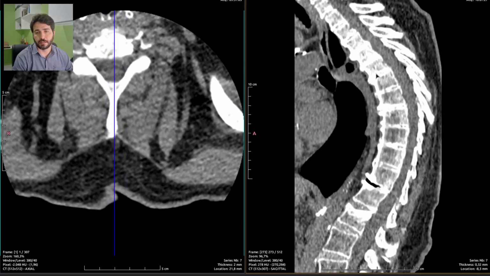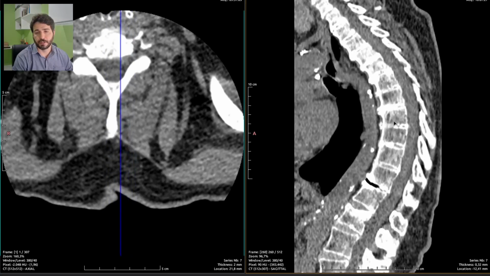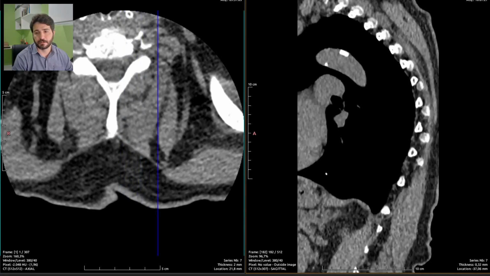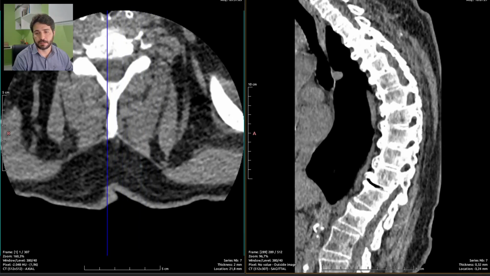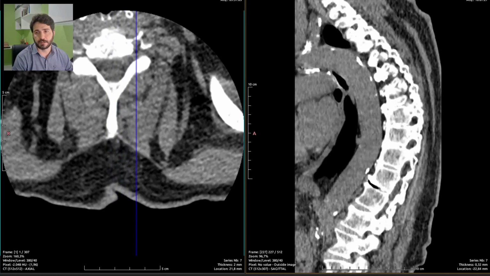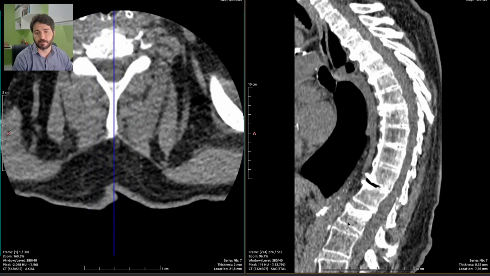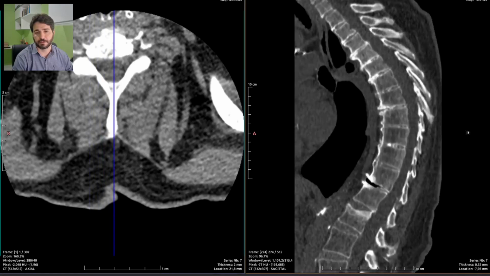There is a lot of osteophytes, also sclerosis and deformities of the vertebral end plates. So this is chronic disease. This is a chronic disease, and the pain comes from here because this is a new fracture.